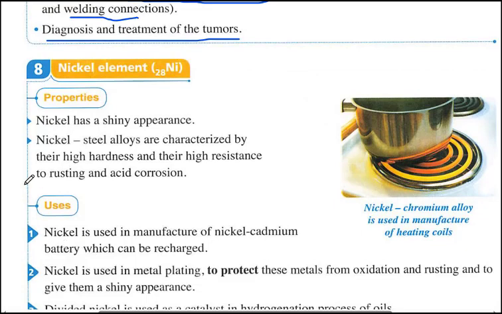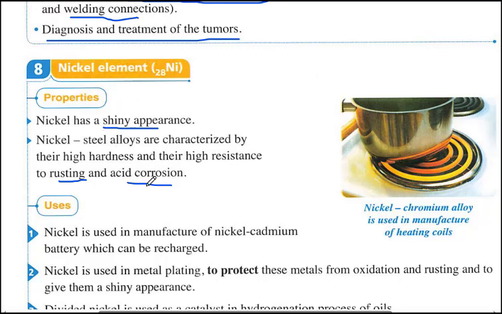Let's have another element: nickel, element 28. Nickel has a shiny appearance, and it has high resistance to rusting, corrosion and the effect of acid. So it may be used in electroplating to give a shiny appearance.